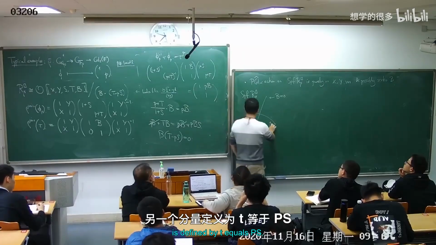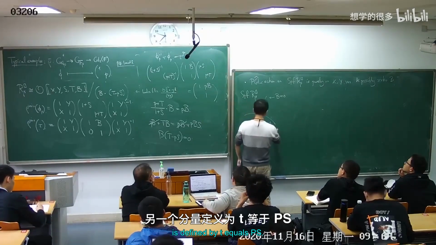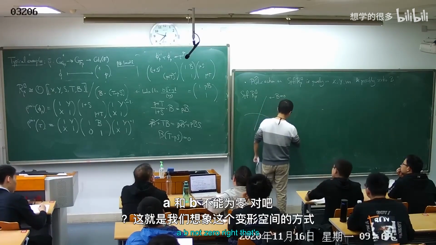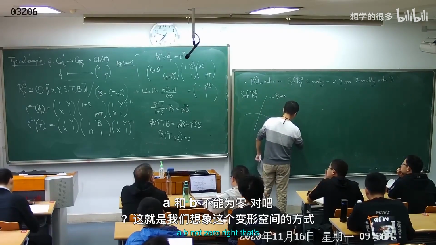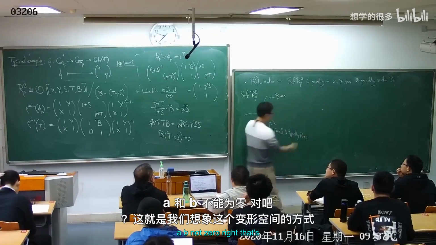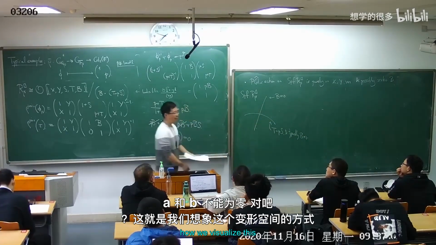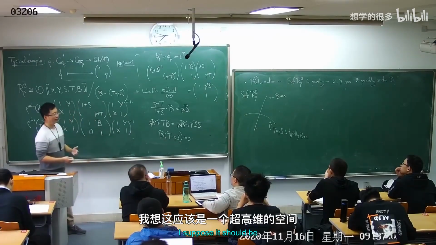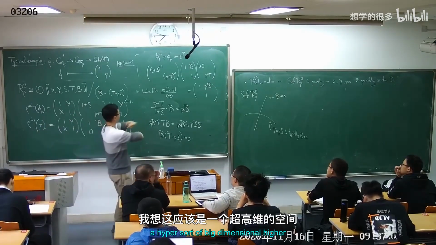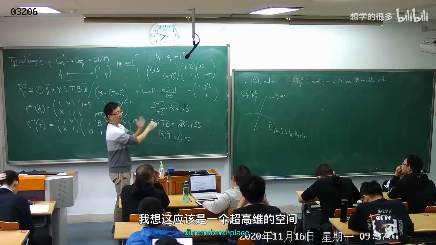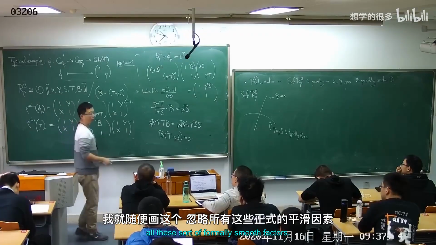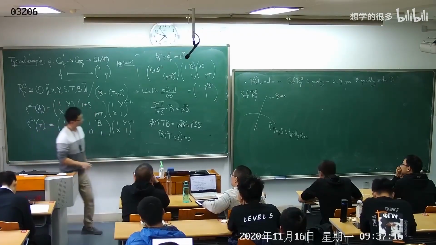The other component is defined by t equals ps, and typically b not 0. That's how we visualize this deformation space. I'm just going to draw this, ignoring all these formally smooth factors.